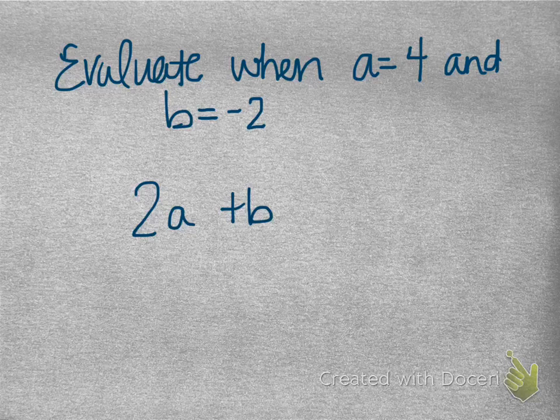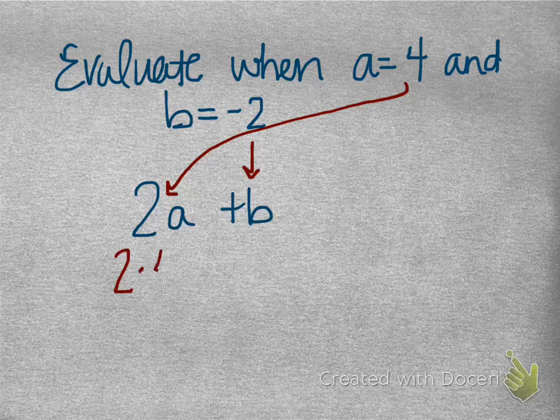Okay, the next one. This one was on there twice, and it was the same one that was on your pre-test that we took at the beginning of the week. So I'm going to plug in this 4 for A right here, and I'm going to plug in the -2 for B. When I plug that in, I'm going to have 2 times 4, because it's sitting right beside it, plus -2.